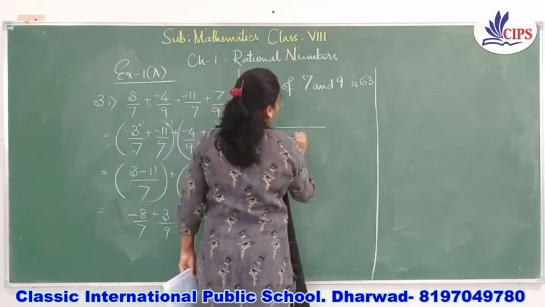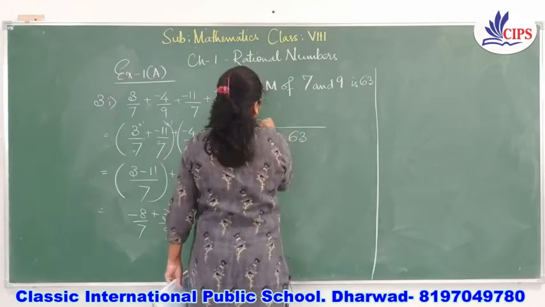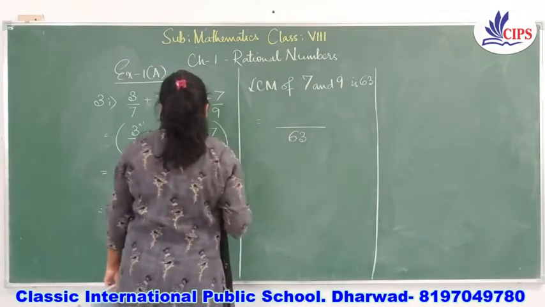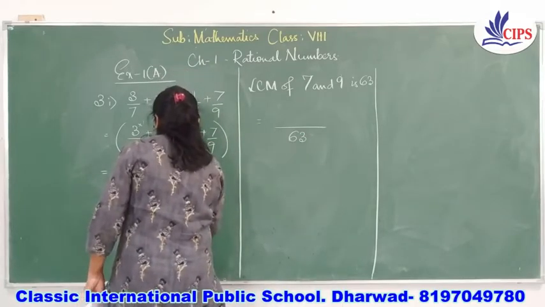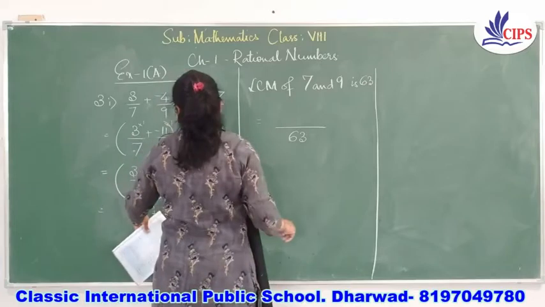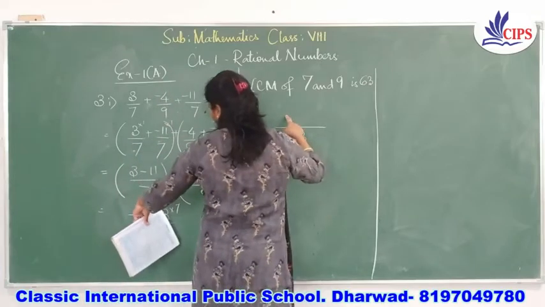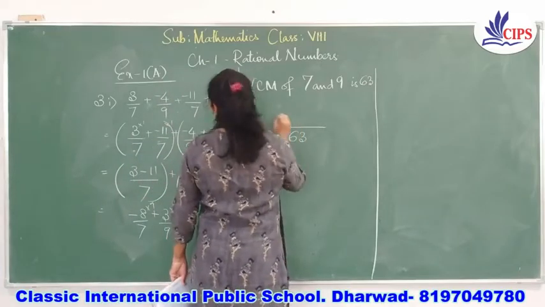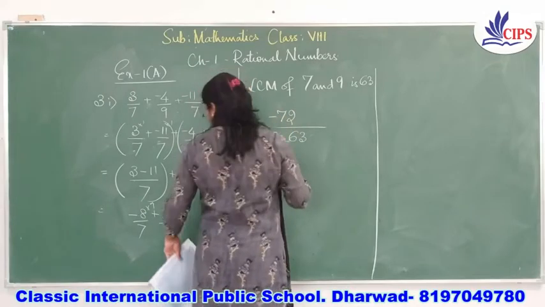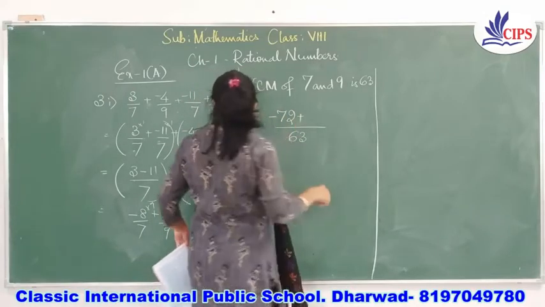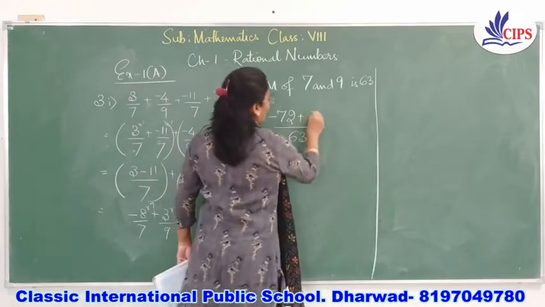So I'll take the common denominator, that is 63, for both, and here I'll multiply these. 7 9s are 63 and 9 7s are 63. So I'll write the numbers here. I'll multiply minus 8 and 9. What is minus 8 times 9? We get minus 72. And here plus, what is 3 into 7? We get 21.